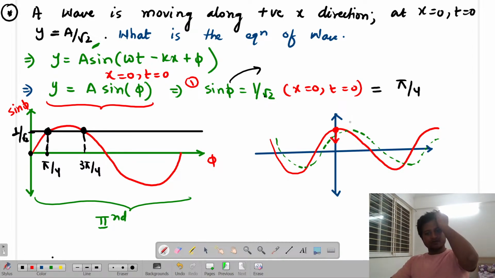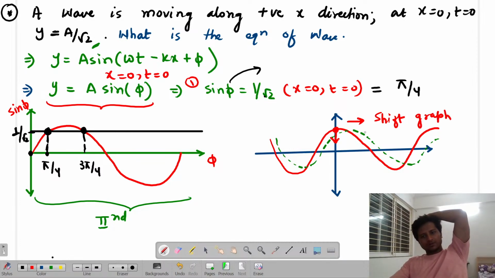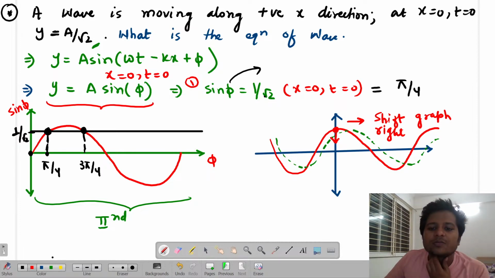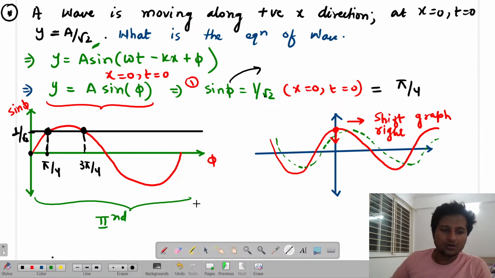When I shift the graph rightwards, that means at this instant of time, the velocity of the particle is not in the upward direction. It is in the downward direction. So if it is downward, that means velocity should be what? Negative. Then you draw the slopes over here.